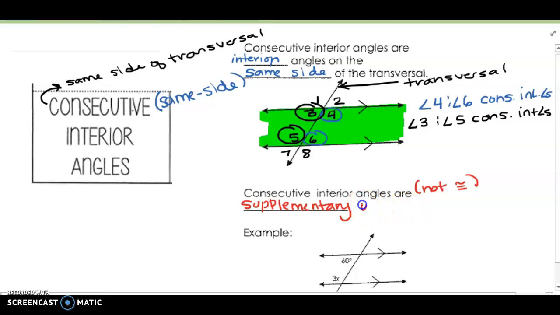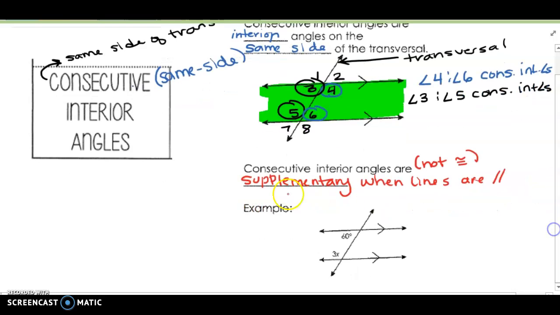And I'm going to go ahead and put when lines are parallel, because if the lines aren't parallel, then they're not supplementary. And as you can probably guess, the theorem that tells us this is the consecutive interior angles theorem.